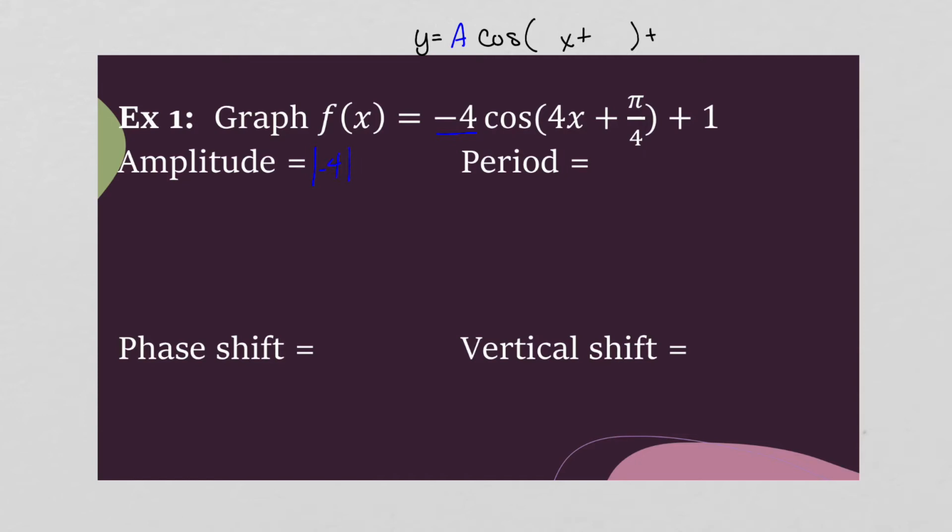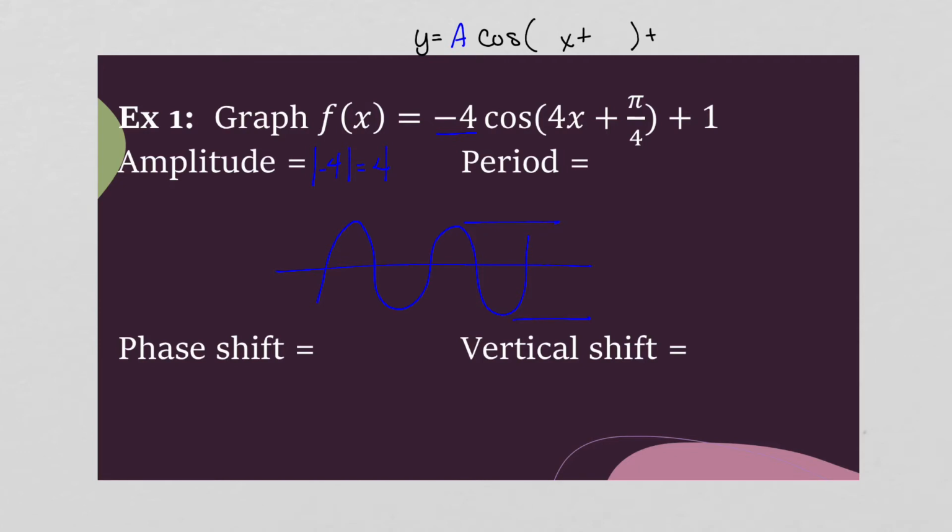So the absolute value of -4 is 4. And what that tells us is that our function's going to go up to 4 and down to -4, assuming there's no vertical shift. If there's a vertical shift, then it's going to shift. So basically, you've got your midline, and it's going to go up to 4 and down to -4, okay?